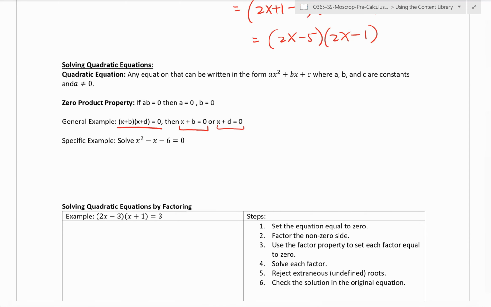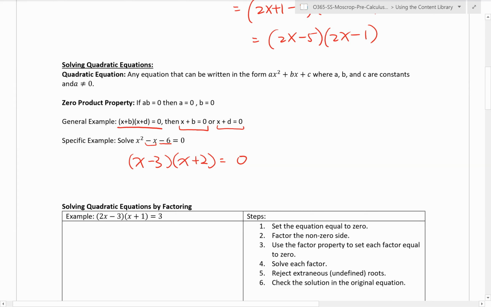Here is one simple example: x squared minus x minus 6 equals 0. We can factor this quite easily; it is a simple trinomial. We have x and x, and we are looking for two numbers that multiply to negative 6 and add to negative 1. That is negative 3 times positive 2.